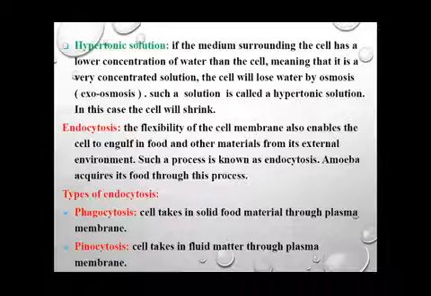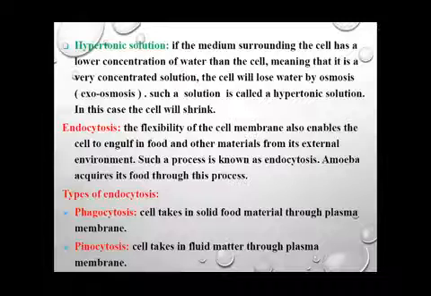As soon as the food material comes near the amoeba, the cell membrane starts to form finger-like projections. They are known as pseudopodia, and they start engulfing the food material. Okay, and this whole process is known as endocytosis.